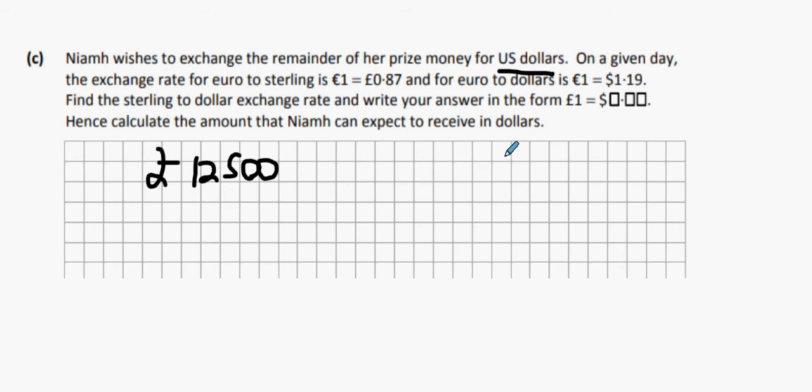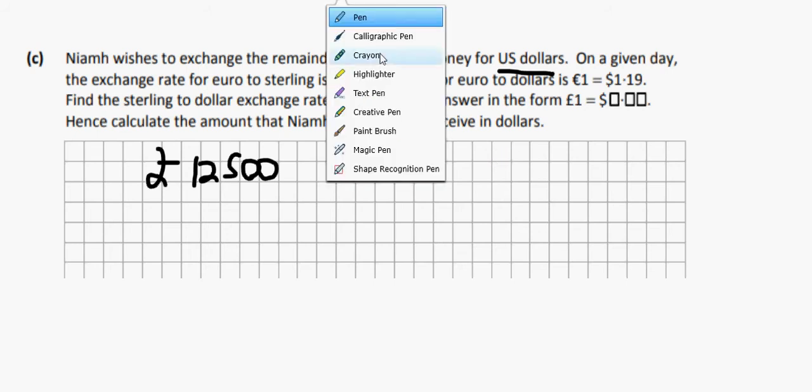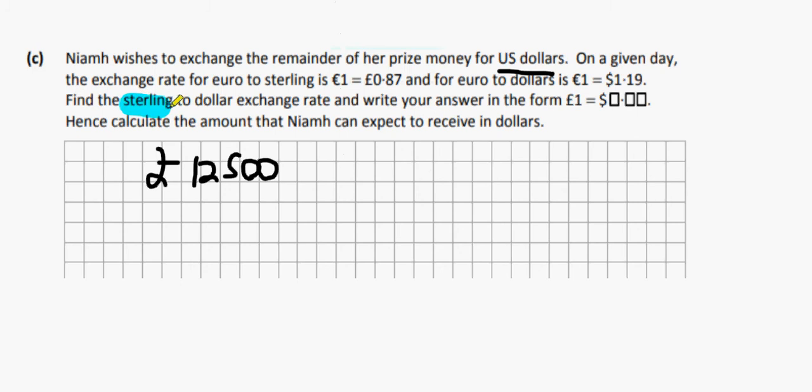Okay, dokie. So it's hard. Let's zone in on keywords. You're looking for sterling to dollars. Okay with that? Looking for sterling to dollars. Right? So here's what I recommend. You go for 1 sterling, right? So 1 sterling.